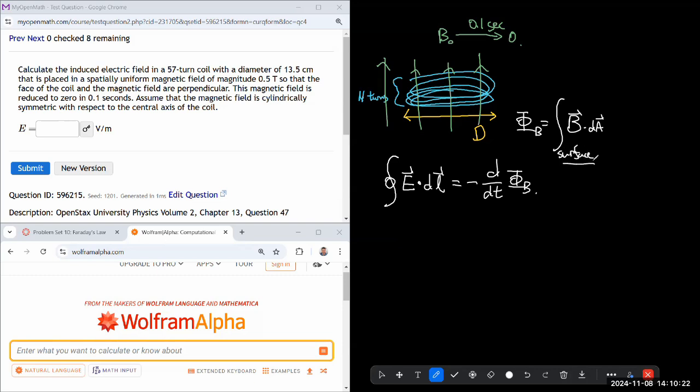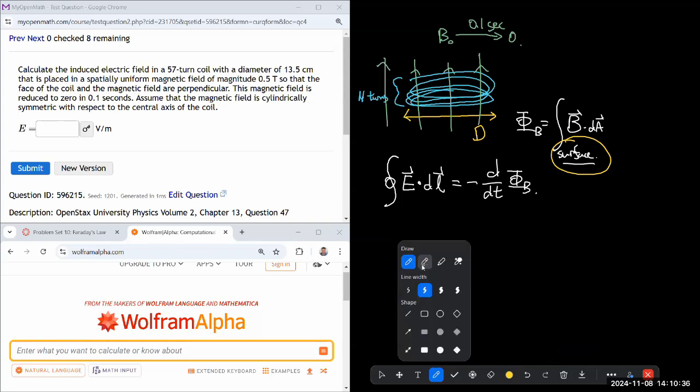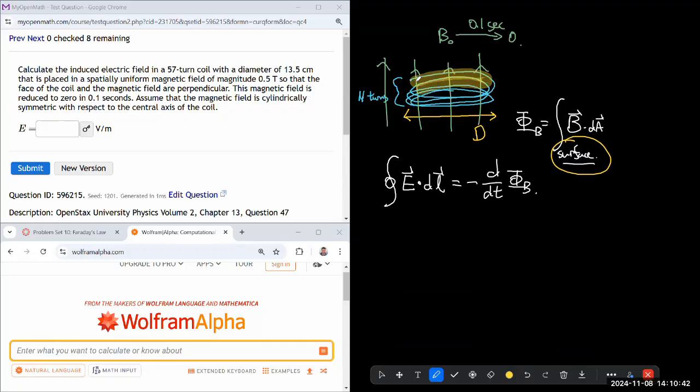So here in this question, this is a topic that deserves careful consideration. What surface is it that we are dealing with? And I guess if you thought of this surface that's kind of enclosed by this wire, I'll say it'll give you the right answer.